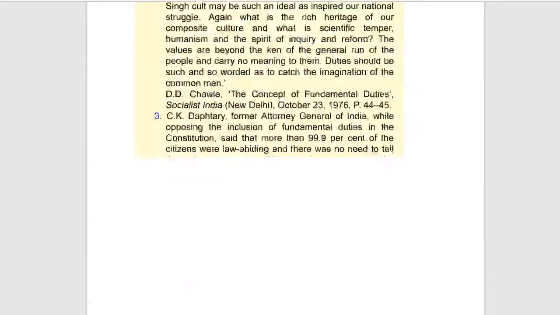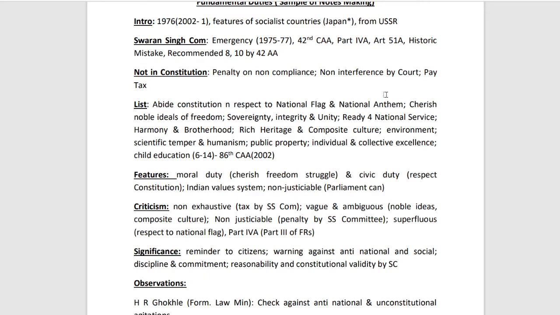So in my notes I have written here Swaran Singh Committee. See, committee I have written in short form, emergency 1975-77. So from here I can understand that the committee was formed in the backdrop of the emergency. 42nd Constitutional Amendment Act, Part 4A came, Article 51A came.